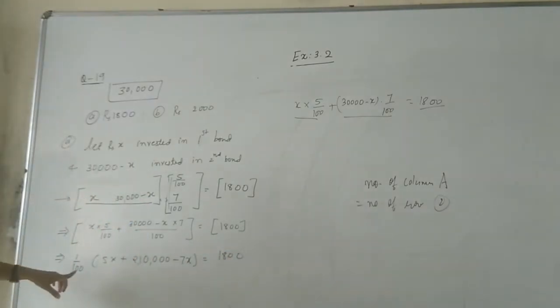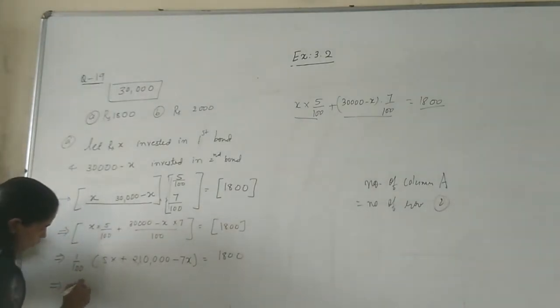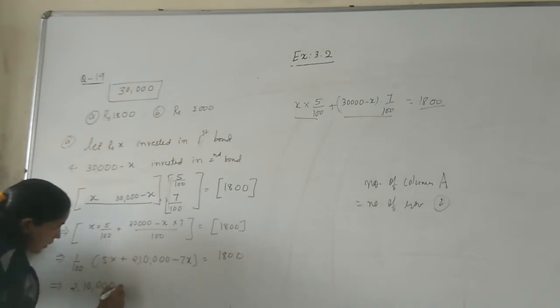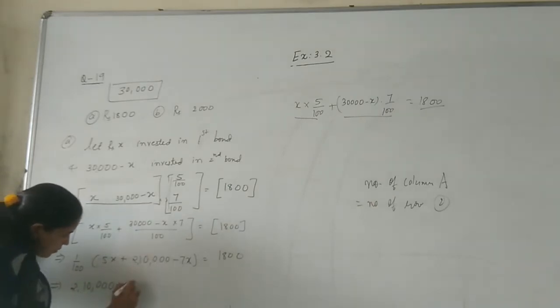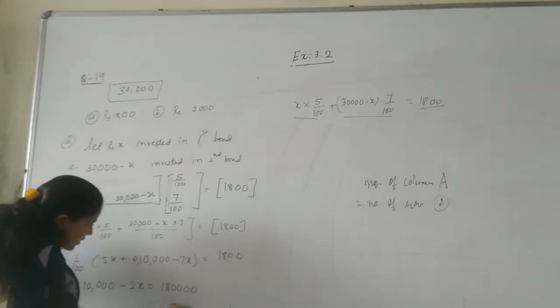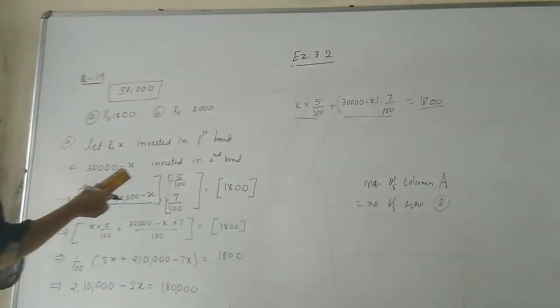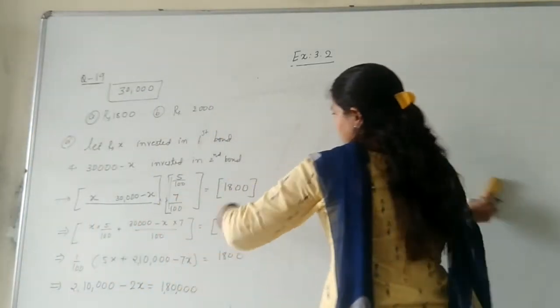Okay. So now this 100 we are shifting there. When you are shifting it to the RHS, you will get 2,10,000 minus 5x minus 7x, so minus 2x, and here 1800 into 100, so 1,80,000. So now let me shift it.